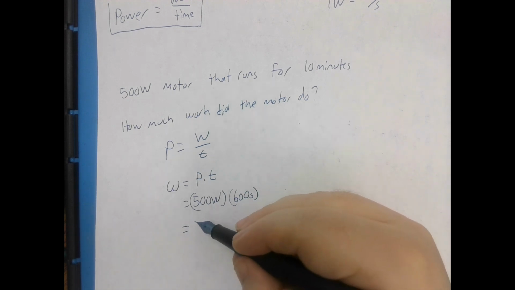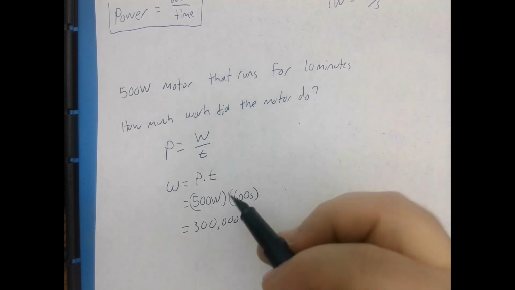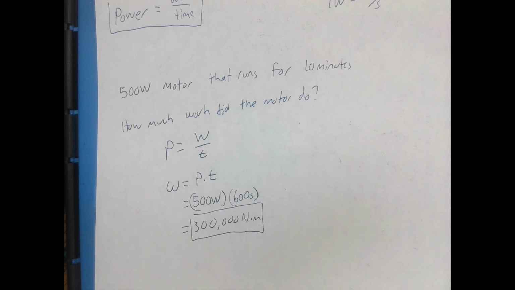And we get 300,000 Newton meters of work. More than likely, though, most of this work is going to be contributed to the flow of electricity, but in the actual spinning of the turbines, or whatever it's doing.